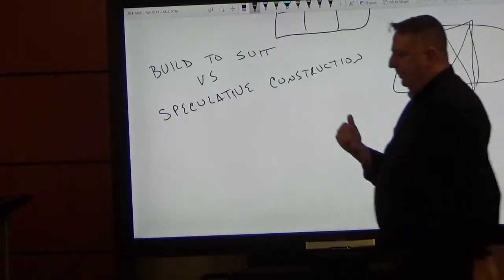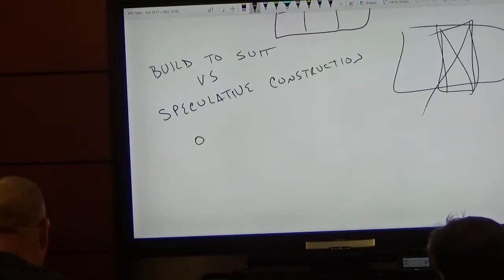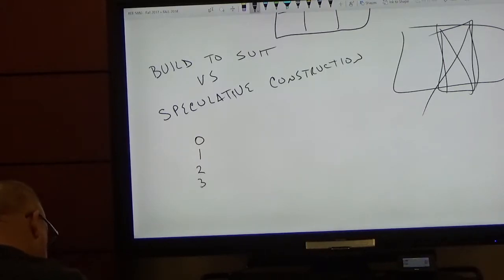Okay, all right, moving forward. So let's say that we've got a couple of different scenarios here, scenario A versus scenario B. Actually, let's not do it that way, let's do it this way.